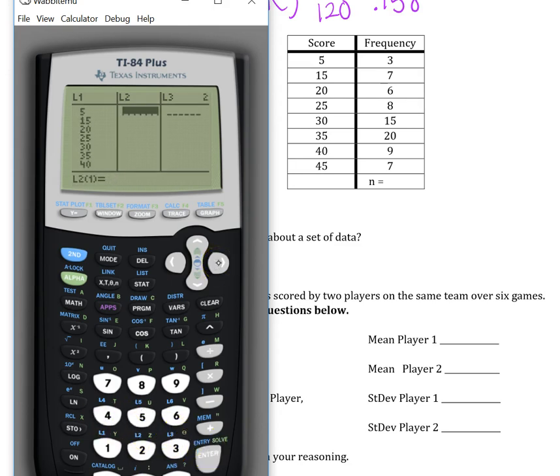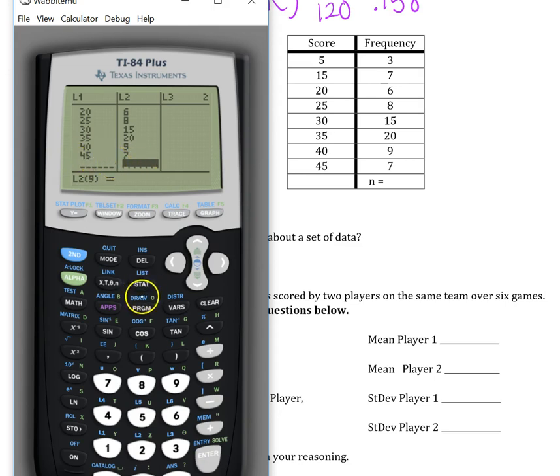My L2 will be my frequency list, so I don't have to enter 15 times in the calculator, because that's just time consuming. Okay, good. Everything matched between my L1 and L2.